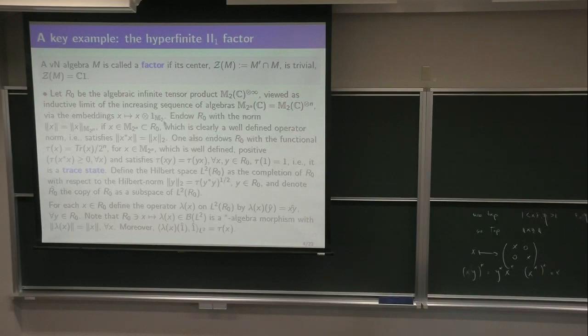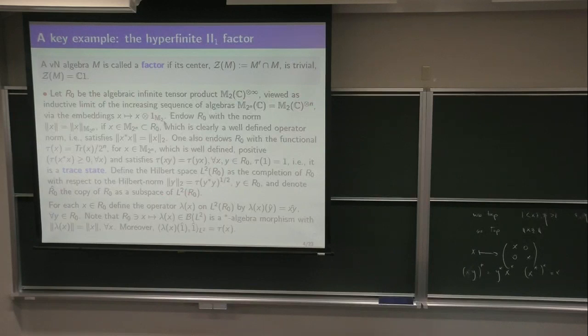So think of the algebra of all step functions which are dyadic, meaning that the breakpoints are at k over 2 to the n for some k and some n, what I call the dyadic step functions. You get the completion of that in the L2 norm, which obviously gives you all L2 of the probability space X, and it's in that spirit you get this Hilbert space here.